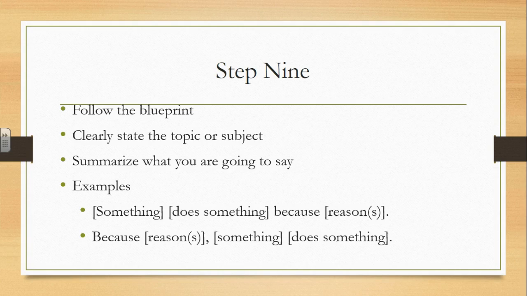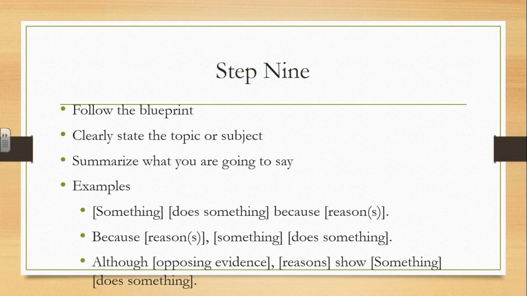Something does something because of reasons. The other one could be, although opposing evidence, something does something. So something is going to show the opposite reasons, a different reason that you can list right here. Although it might be annoying for farmers, goats climb to burn off energy, which shows that goats climb on top of something.